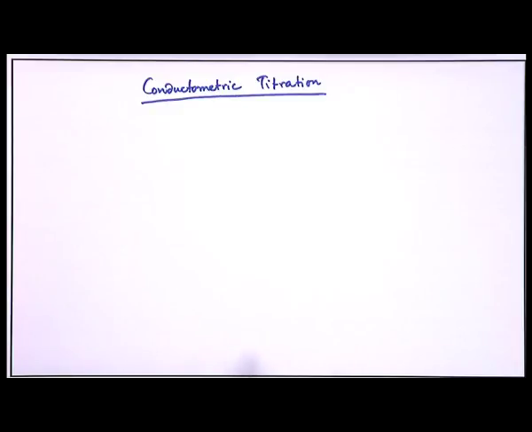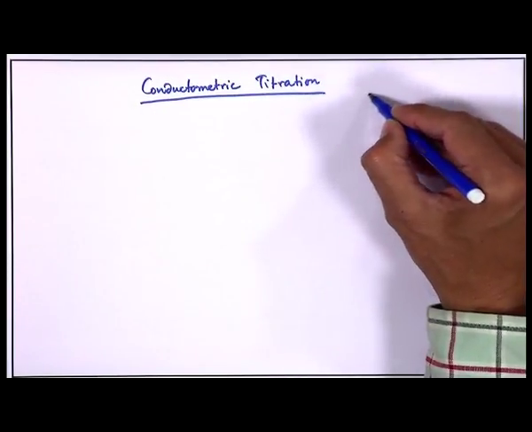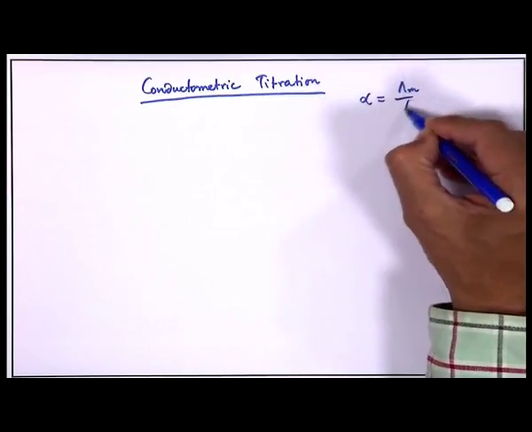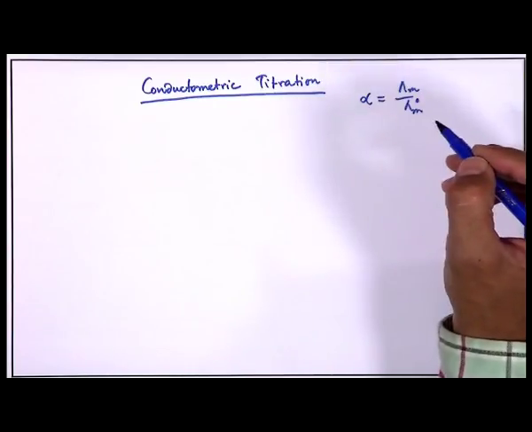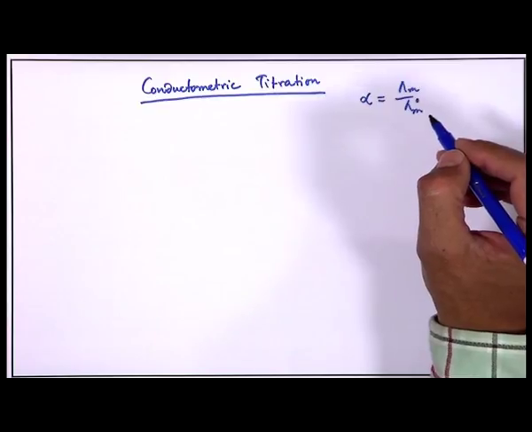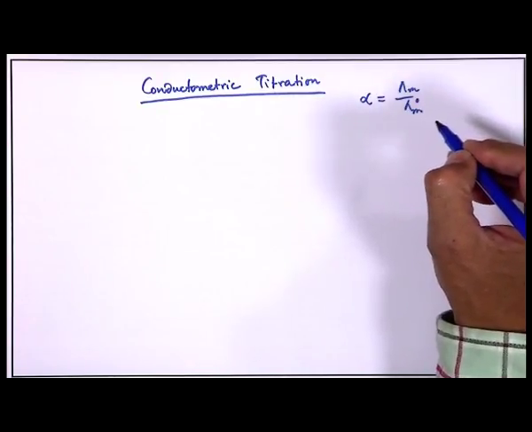One application I already explained to you is to find out the degree of dissociation, that is lambda m by lambda m 0. From this value you can find the degree of dissociation of a weak electrolyte, because for a weak electrolyte direct determination of these quantities through graphical extrapolation was not possible.